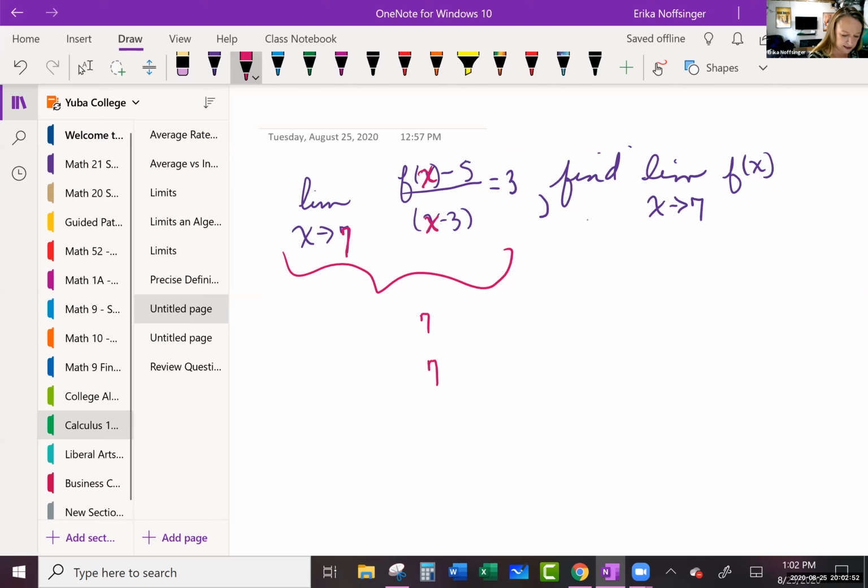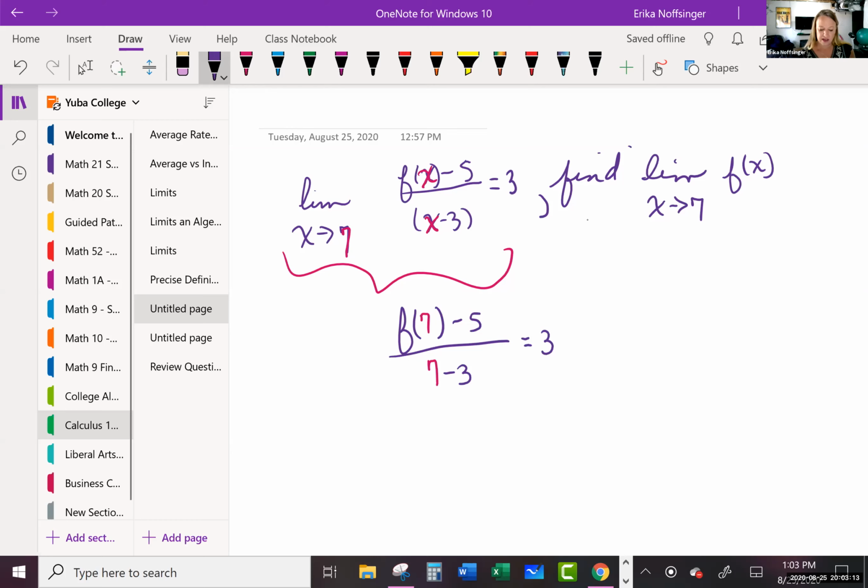When we do this, we have f of 7 minus 5 all over 7 minus 3. We know that that limit is equal to 3. I plugged in the value that x was approaching, so when I wrote the step on the bottom, I don't rewrite the limit. And so let's get what f of 7 is.